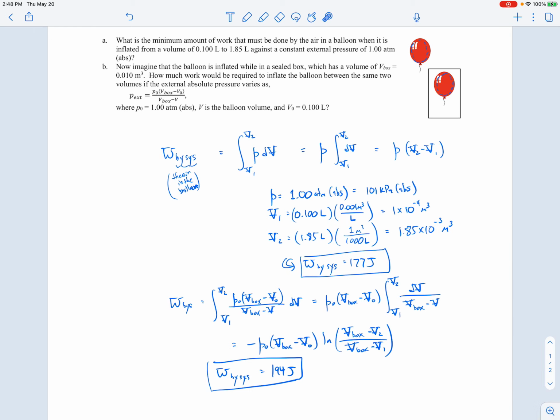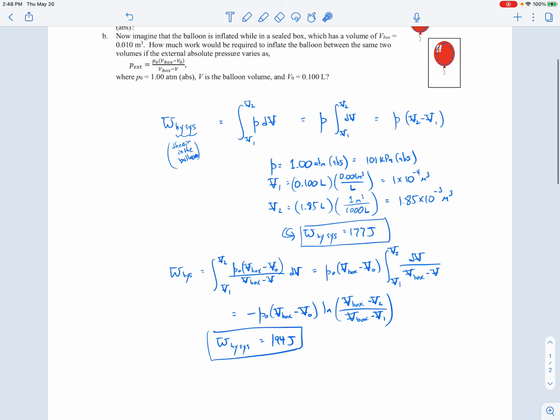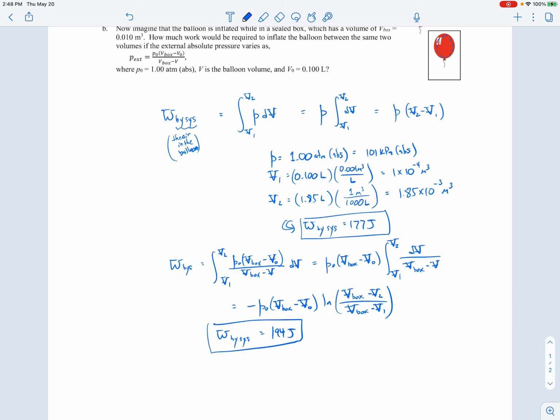And so then that becomes, let's just take a look at that for a moment. That would be P naught all over just 1, right? So in the limit, as V box goes to infinity, that integral ends up becoming the integral from V1 to V2 of P naught dV all over 1.